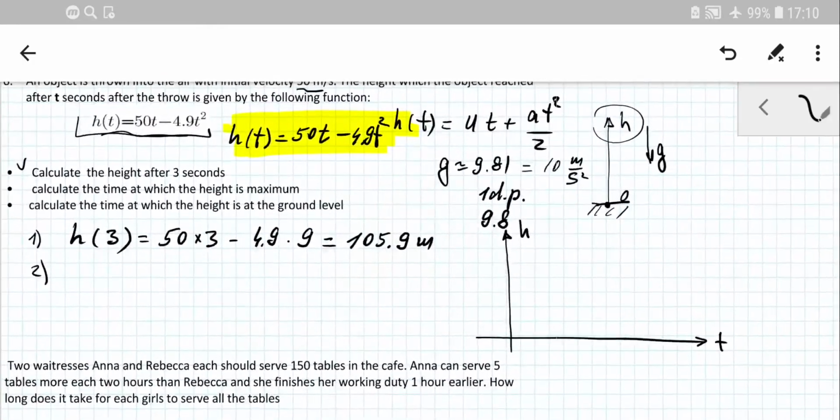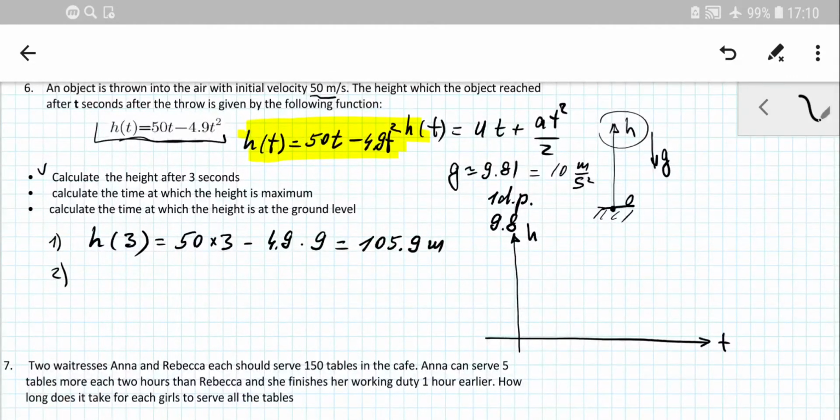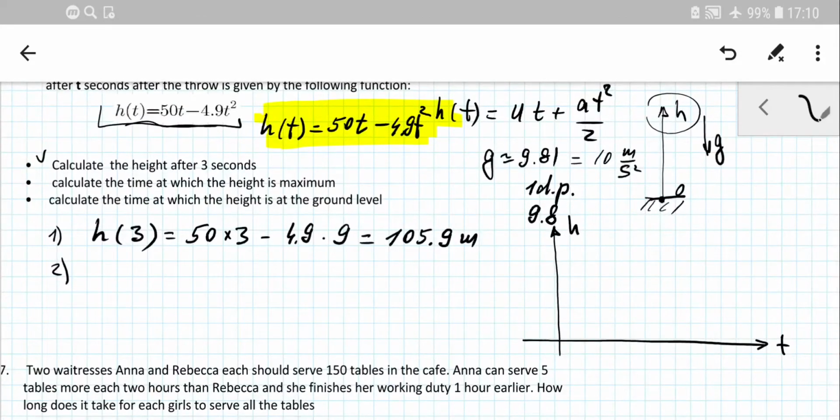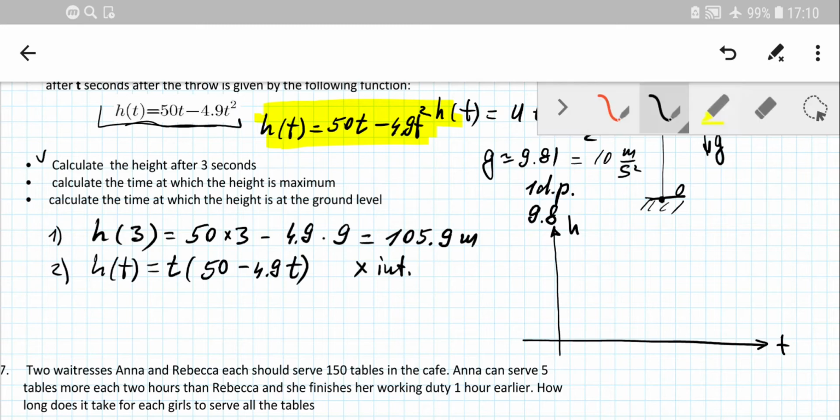In your parabola, if you start investigating how it looks, for 50t the best way is to factorize. You've got t, and in the brackets 50 minus 4.9t, from where you can calculate the 2 x-intercepts.